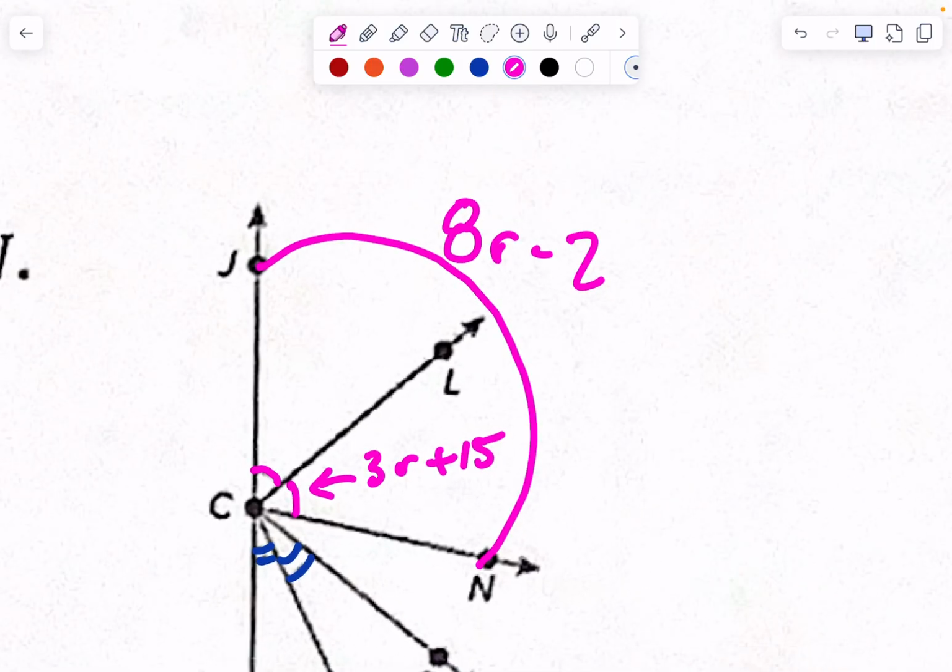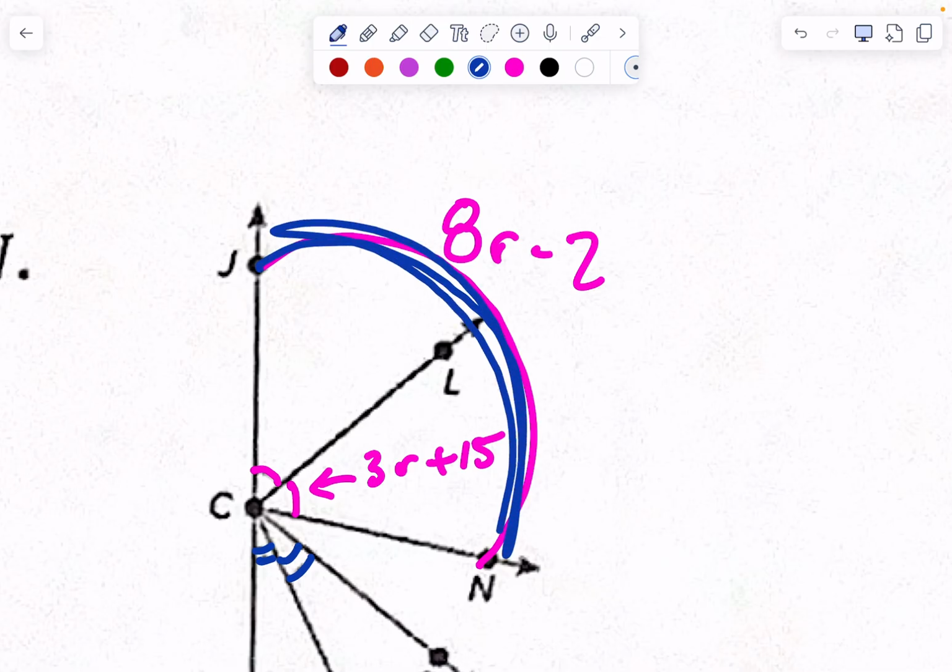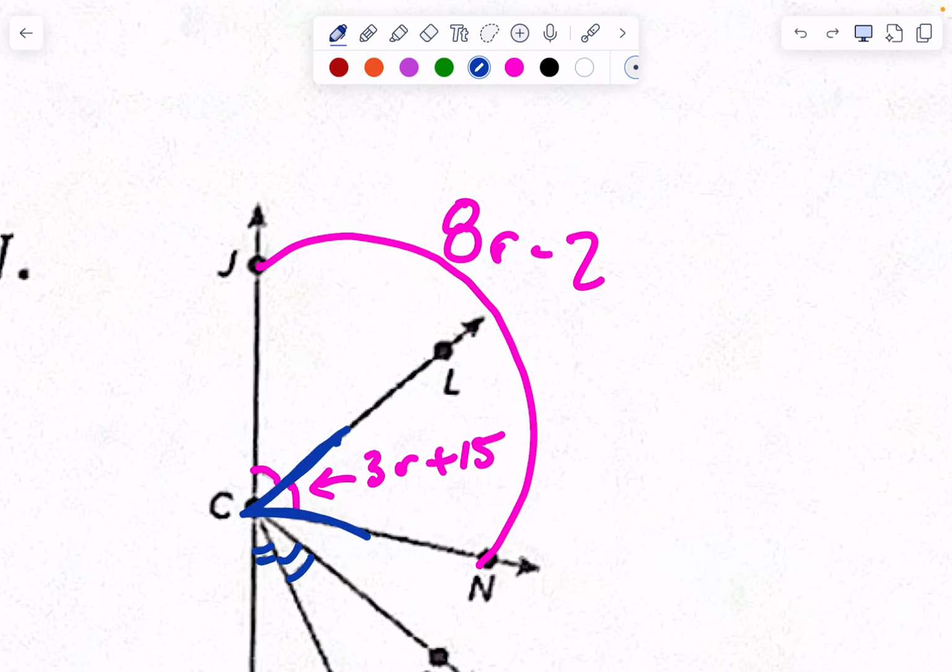Are those two things equal to each other? This one is this whole thing right here, that angle. And this one is just this angle. You have to find 8R minus 2 and then subtract 3R plus 15. No, I don't want to do that. They're not equal to each other, right?